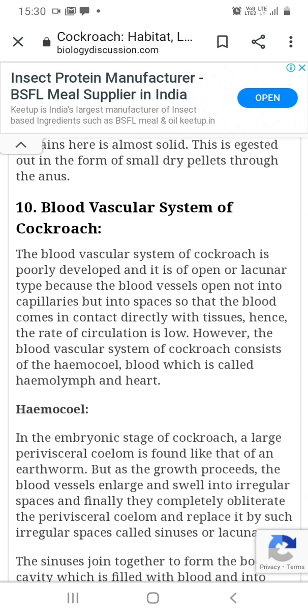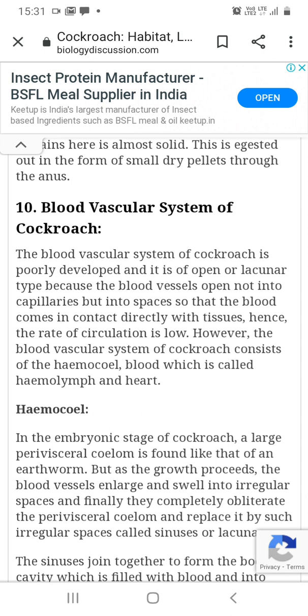We know that all the tissues, all the organ present in cockroach or insect, they are present in the coelom. And this coelom is filled with the fluid known as the hemolymph. Coelom or cavity of insect is called the hemocoel, and the fluid which fills up the hemocoel is called the hemolymph.